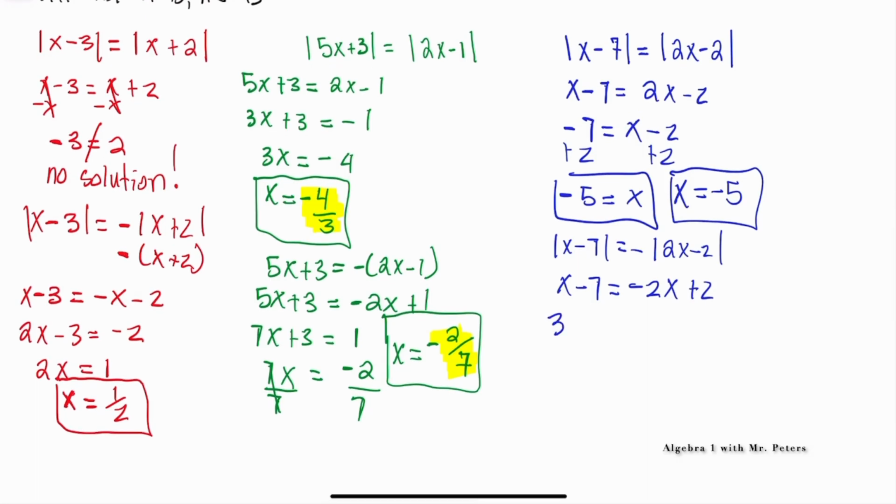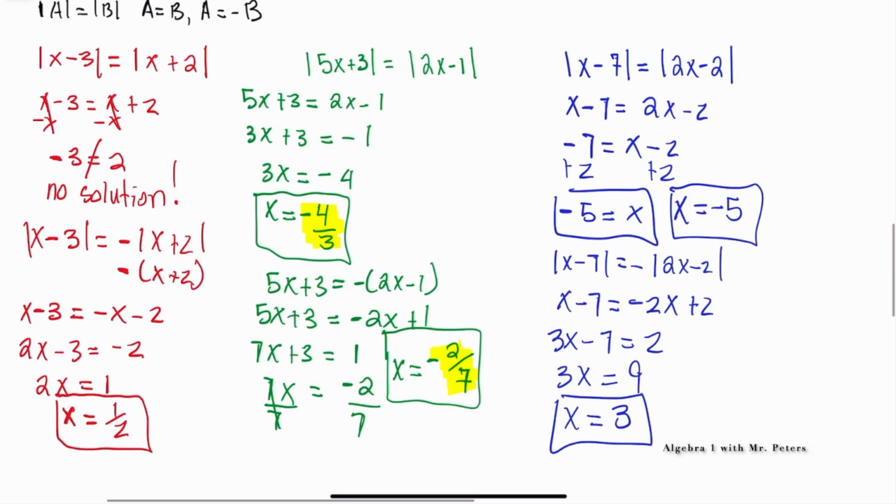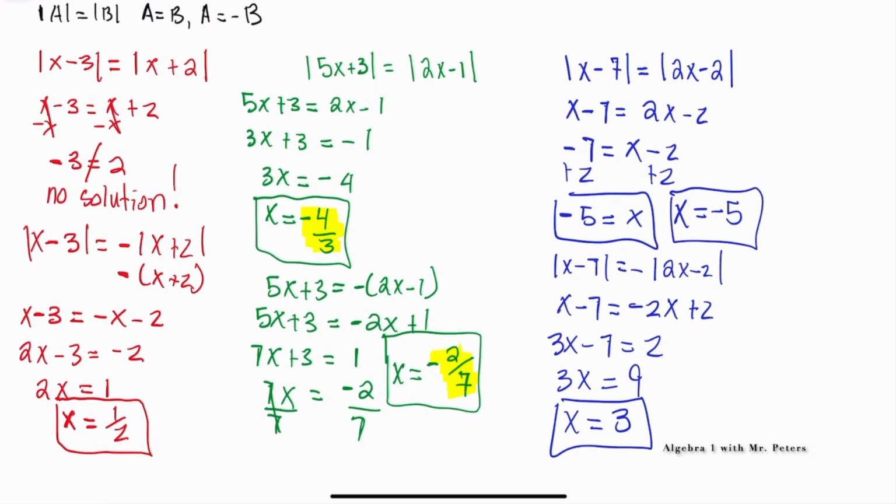So I have 3x minus 7 is equal to positive 2. I add 7 on both sides. 3x is equal to 9. And once we divide 9 over 3, x is going to be equal to 3. So when we're trying to solve absolute value equations, family, with more than one bracket, this is how you would do it.